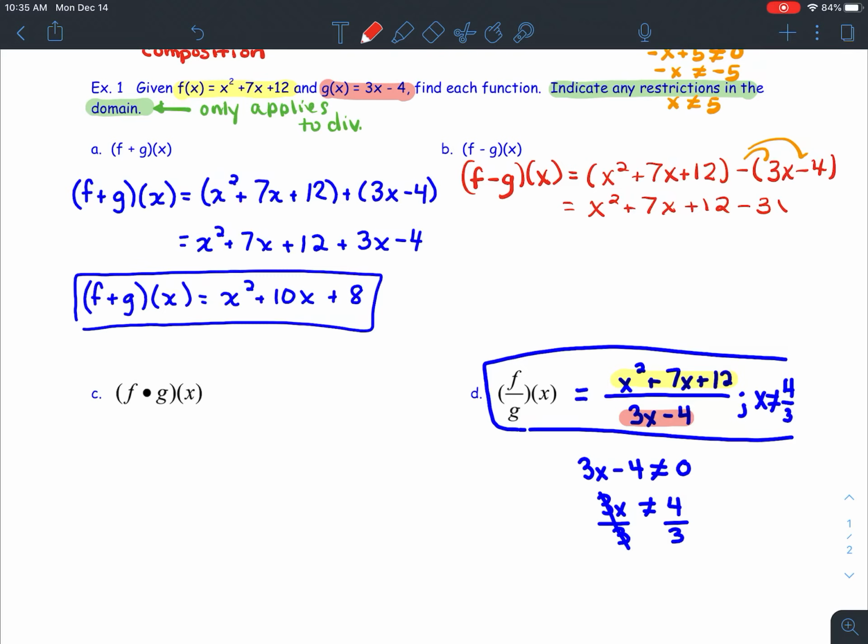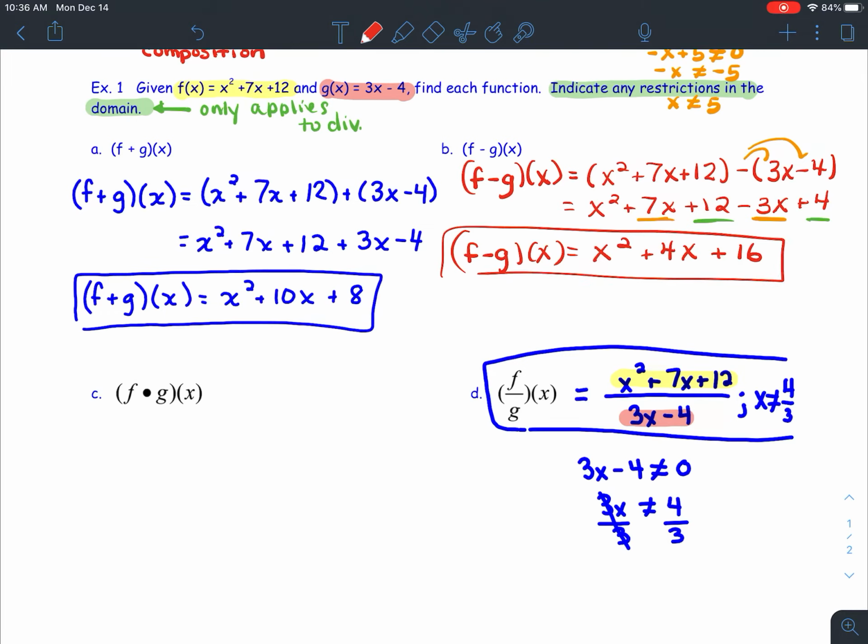That's going to flip the signs, make this a plus 4. And then we're going to combine like terms, like the 7x and the minus 4x are like terms, the 12 and the 4 are like terms. So I'm just going to rearrange this so it's nicely in descending order and label this f minus g is x squared plus 4x plus 16.